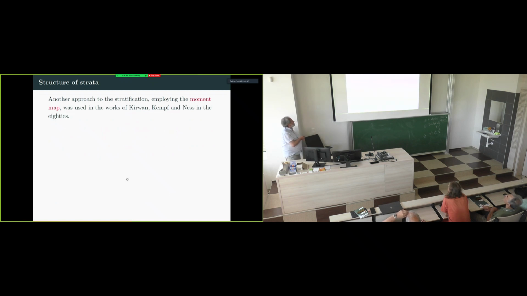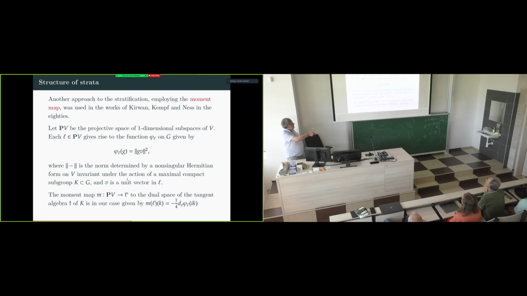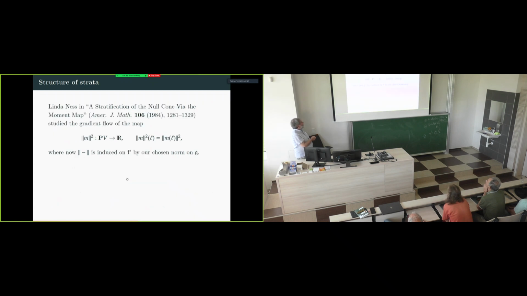A more geometric approach was developed by several people, mainly Kirwan and Ness. They used the gradient flow for the moment map. In this case, the moment map can be described more explicitly. It goes from the projective space of the representation to the dual of the Lie algebra of the maximal compact group, as usual, and it has an explicit description.